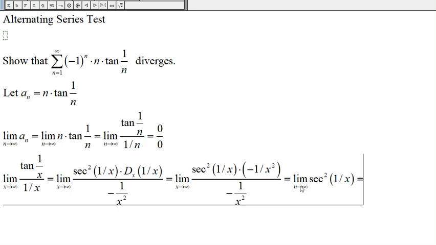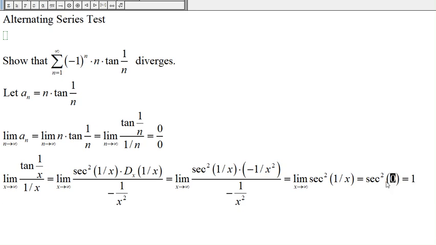And as x approaches infinity, 1 over x will approach 0, so we get secant squared of 0, which is 1. And so the limit of b sub n is equal to 1, which is not 0.